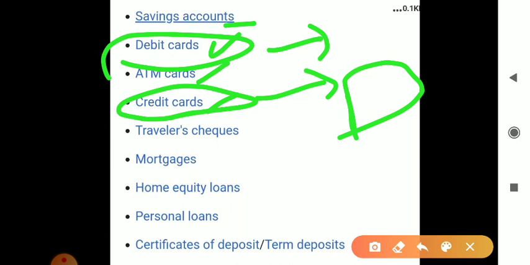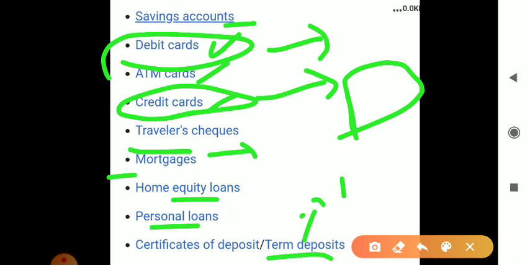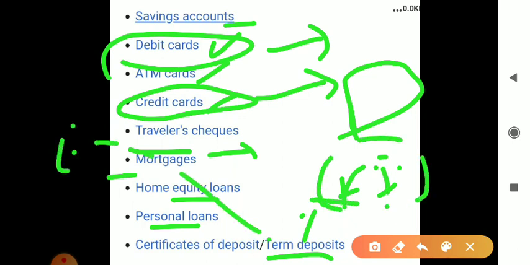Then traveler's checks and mortgages, as you know, the security used in case of a home loan or any types of immovable property is mortgaged. Then home equity loans, personal loans, certificates of deposit, and term deposits like FD. Term deposits means the deposit has been made for a certain term, like 5 years or 1 year.